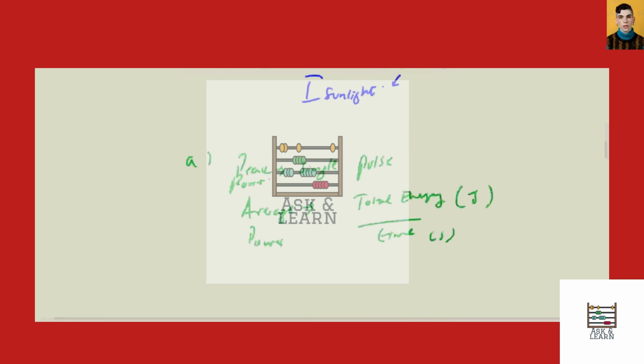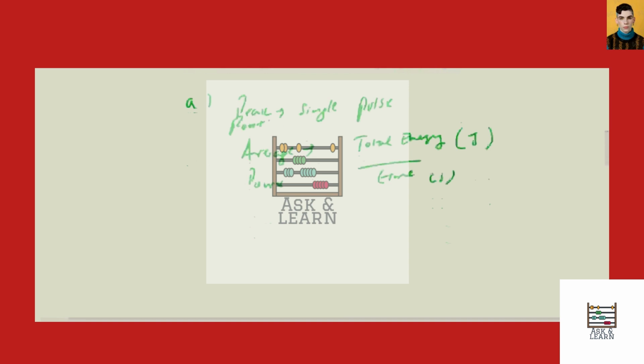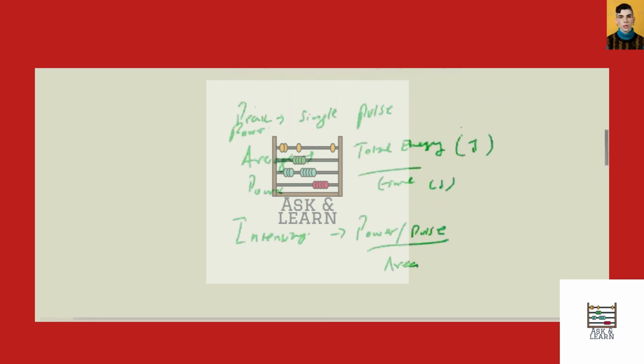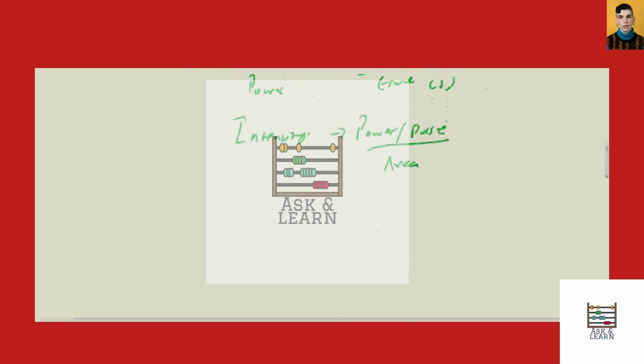And the intensity, by definition, is the power per pulse relative to the area that you're looking at. So these are just notes to help you understand the meaning of all these things that we're going to be resolving.